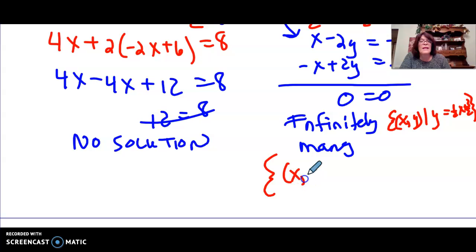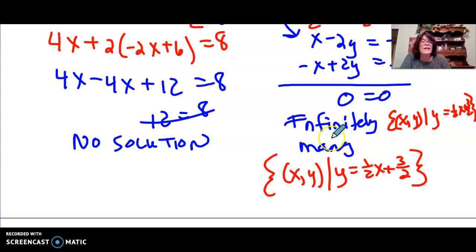All ordered pairs (x, y) such that the y coordinate equals 1/2 the x coordinate plus 3/2. In other words, what we're saying is all the answers are any (x, y) on this line because they both ended up being that same line.